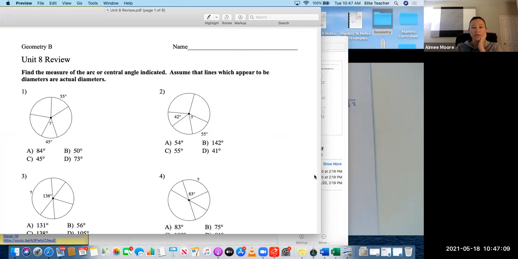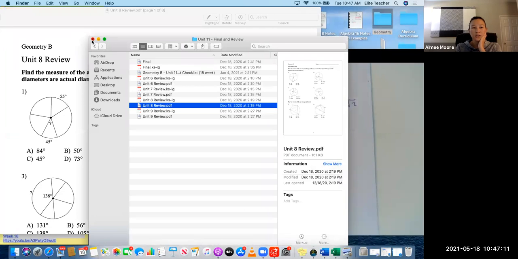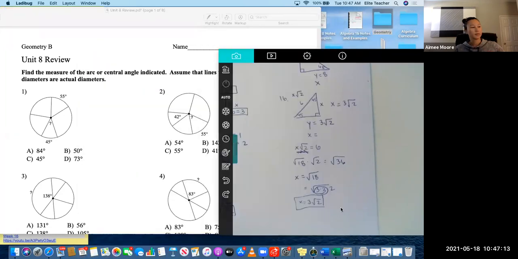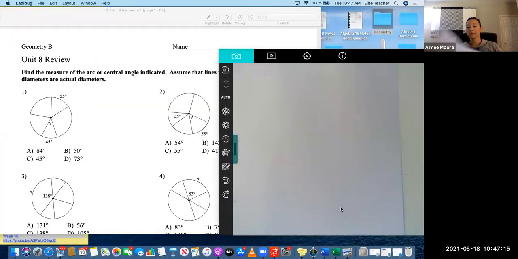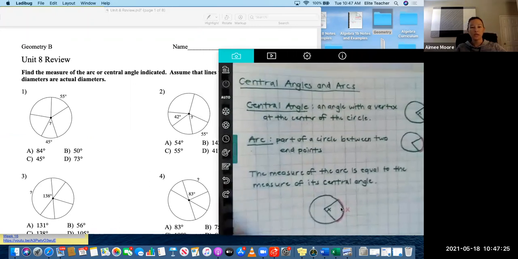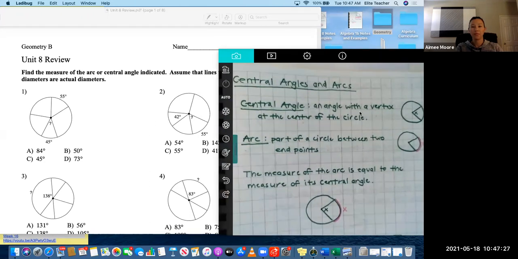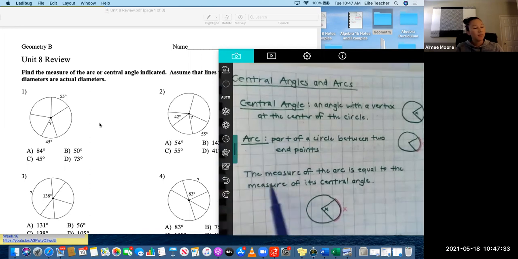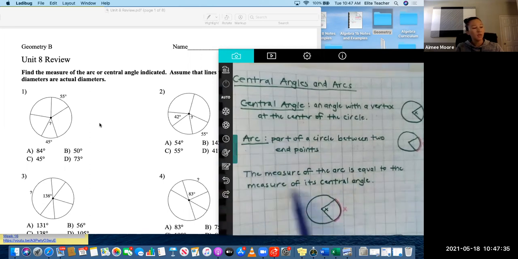Okay, so the Unit 8 review is on circles. So starting off with central angles and arcs. So remember, the measure of the arc is equal to the measure of its central angle.